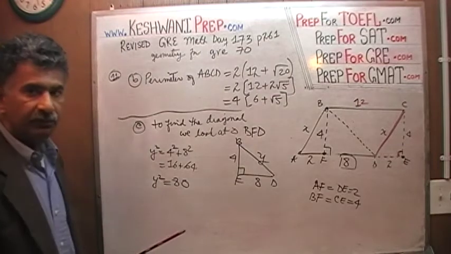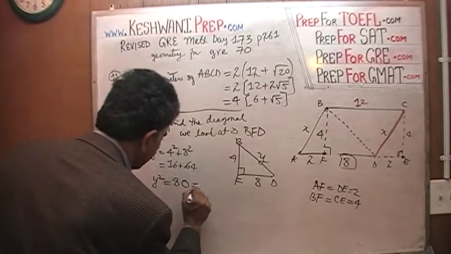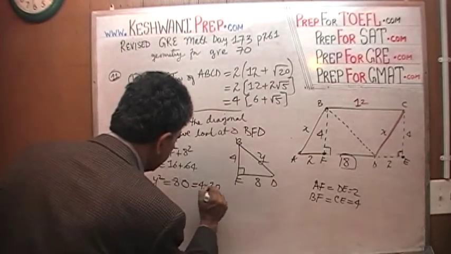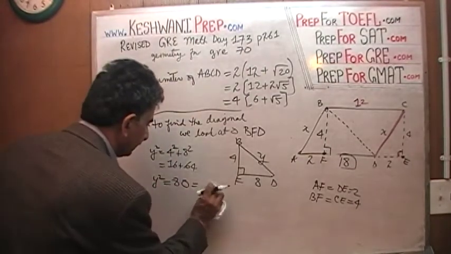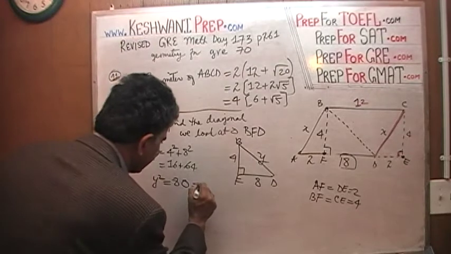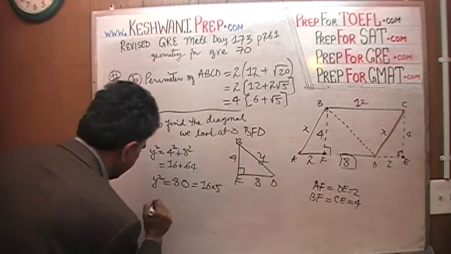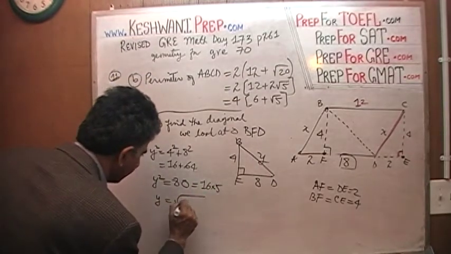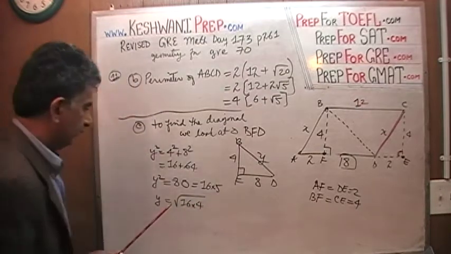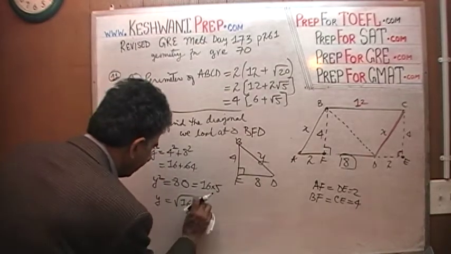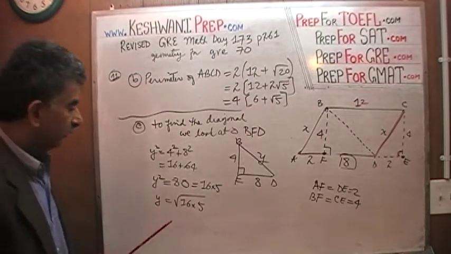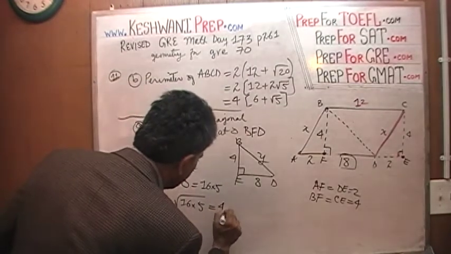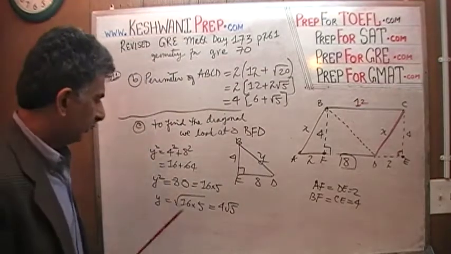Which is 80, which I'm going to write as 16 times 5, and therefore y equals the square root of 16 times 5. Of course we know the square root of 16 is 4, so this can be written as 4 square root of 5. That's it, that's your y.